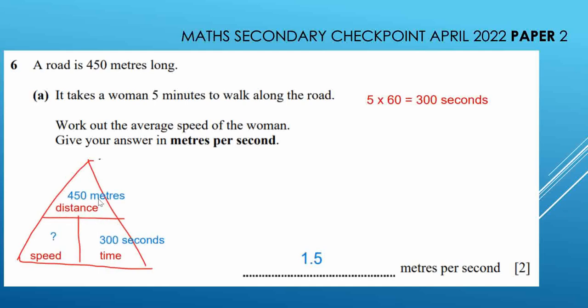We substitute the distance 450 meters and the time 300 seconds. Then we find the speed. Speed is equal to 450 divided by 300, because 450 is up and 300 is down. We divide up by down and get 1.5. We count with a calculator.